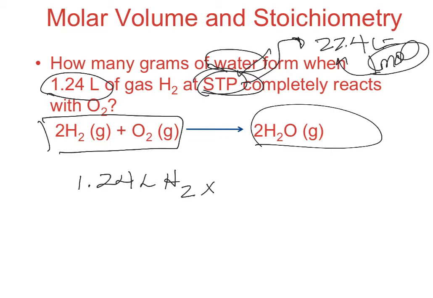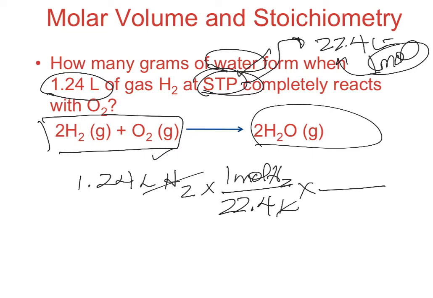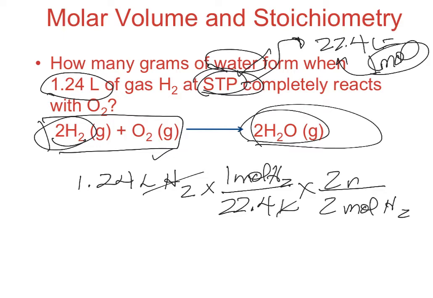All right, let's go ahead and convert this liters to moles so that we can use a mole ratio. Okay, so now we're at moles of H2, and let's use the mole ratio. For every 2 moles of hydrogen gas, we form 2 moles of water, a 1-to-1 mole ratio, okay?